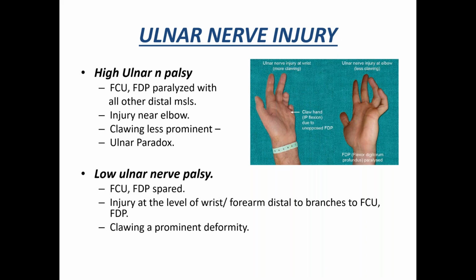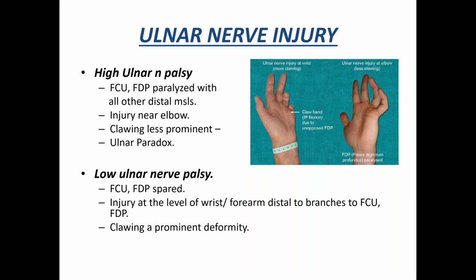Okay, why is that so? If you look at the picture which has been shown, the clawing typically occurs because of two important components: paralysis of the lumbricals, which leads to hyperextension of the MCP joint, and flexion of the interphalangeal joint, which is because of the FDP. If FDP is paralyzed, one component, which is the flexion of the interphalangeal joint, will not be that prominent, and therefore the clawing is less prominent.